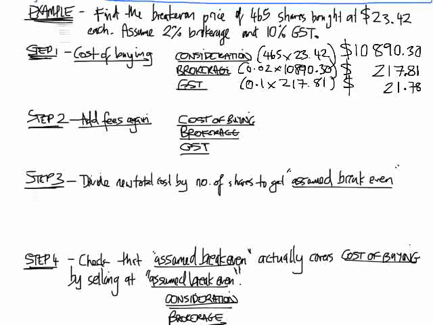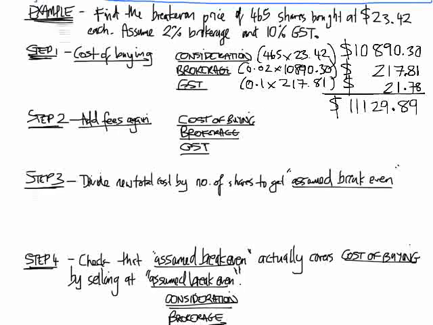So the total cost of buying these shares is going to be $10,890.30 plus $217.81 plus $21.78. So that's a grand total cost of buying the shares of $11,129.89. That is your cost of buying.